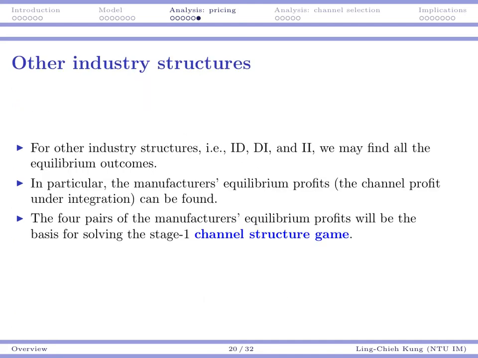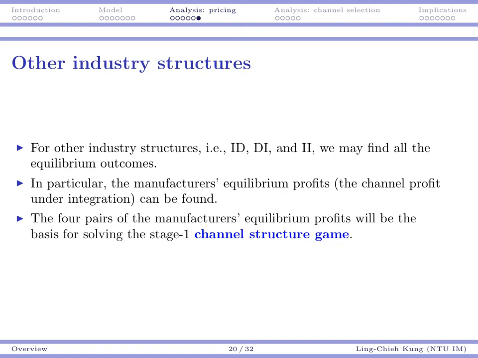So now we know how to solve DD. For ID, DI, and II, we may all find their equilibrium outcomes. What we really want to see is the manufacturer's equilibrium profits.